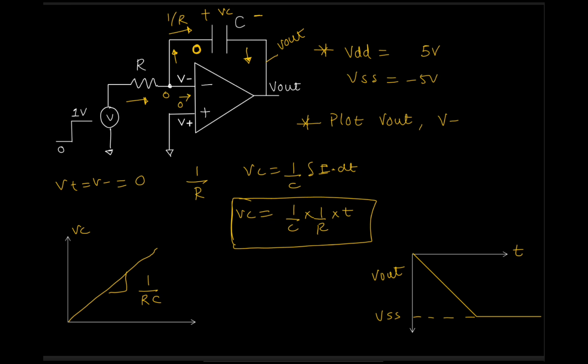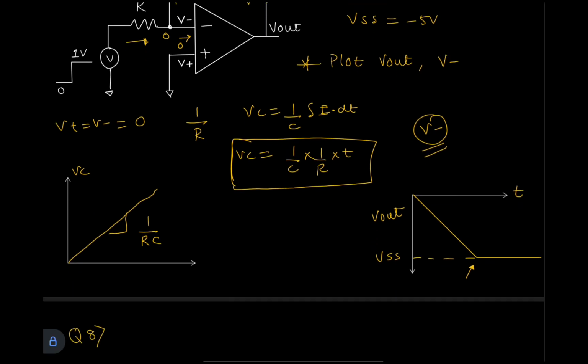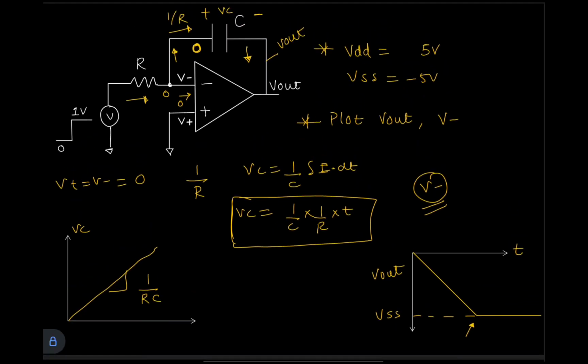Then again they asked me what will happen after this, what will happen to the voltage of V minus. Okay, so this was a good question, and I got stuck here in the interview, and then they gave me some inputs, so let's discuss that.